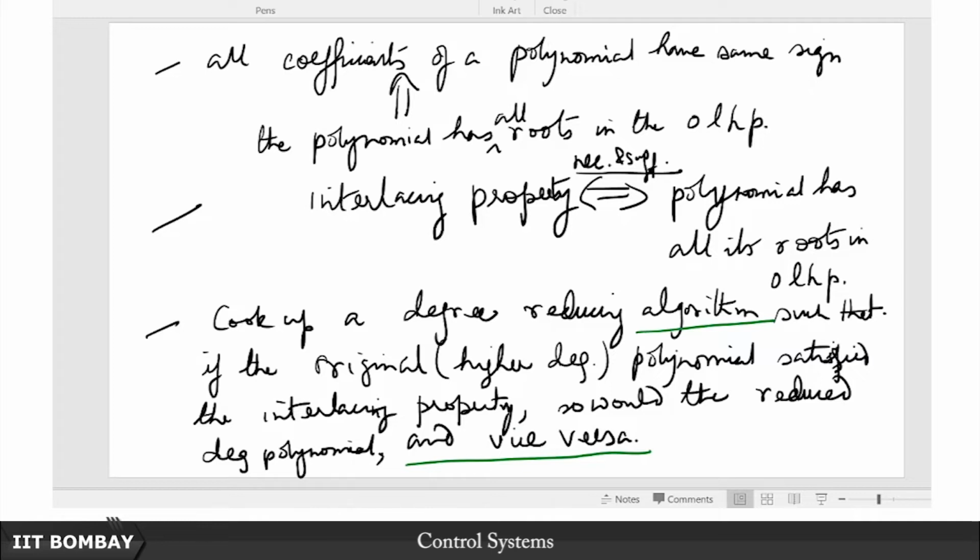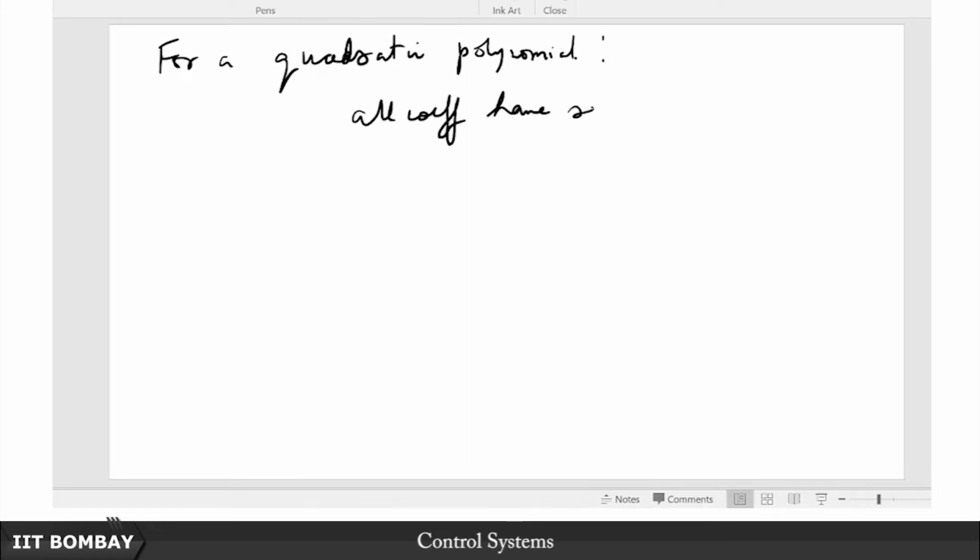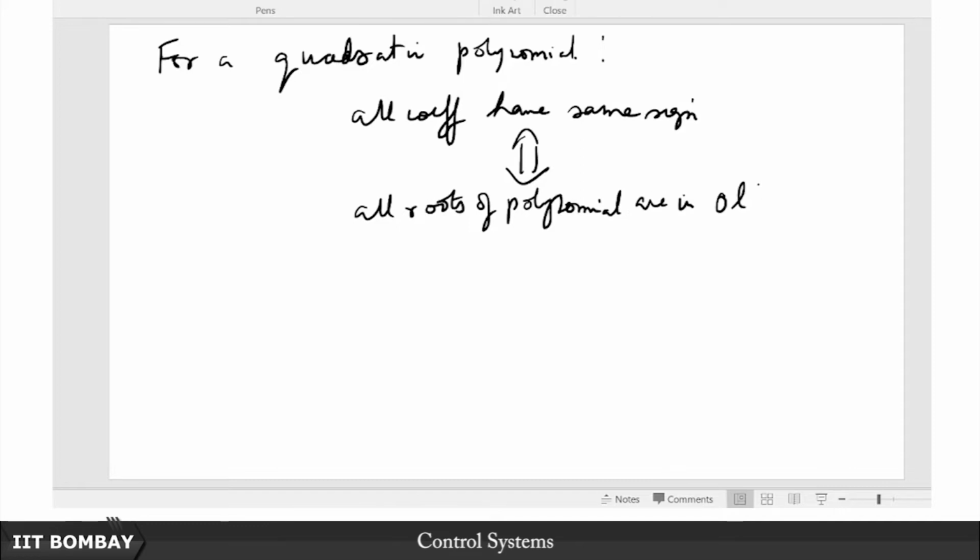Now if we reduce the degree of this polynomial sufficiently, for a quadratic polynomial at least we know that all coefficients having the same sign is the same as, it goes both ways, all roots of the polynomial being in the open left half plane.